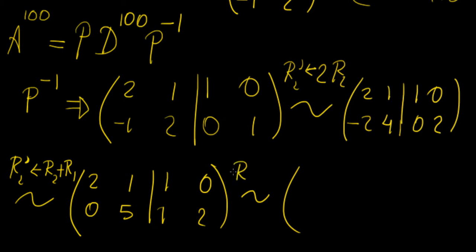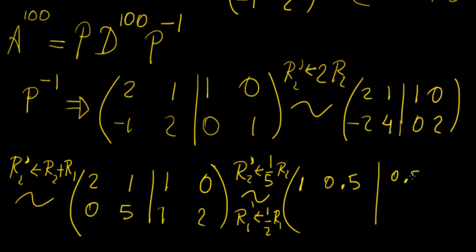Now here we can multiply by some constants, so let's have R2 equals 1 over 5 R2, and R1 equals 1 over 2 R1. We're just dividing each one by a different constant, so we're going to have 1, 0, 0.5, 0, 0.5, 0, and then at the bottom 0, 1, and here 0, 0.2 and 0, 0.4.